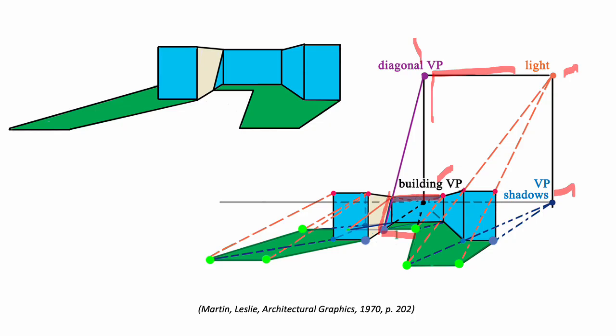So that makes sense. Now, if you can imagine the diagonal vanishing point coming down, well, the light has to come down too. And what would happen is that this would get longer and this shadow would get bigger, but this would still be horizontal because it's cast by this horizontal pole.